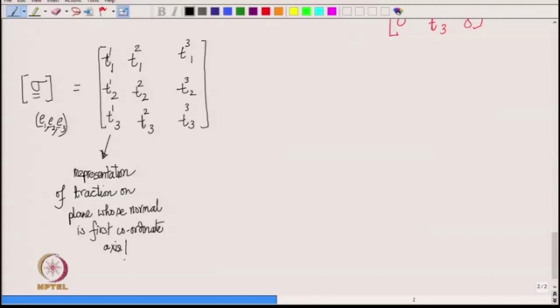Right. Similarly, this is for the second coordinate axis, and this is the third coordinate axis.